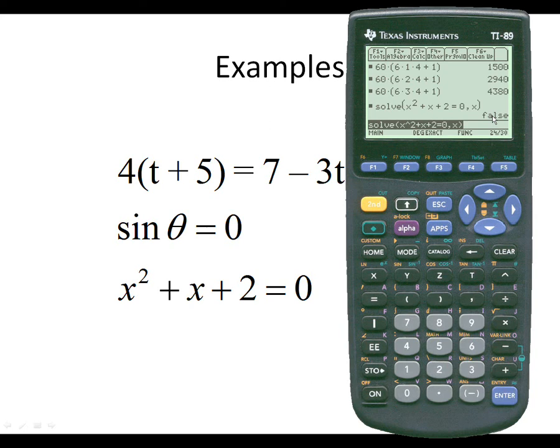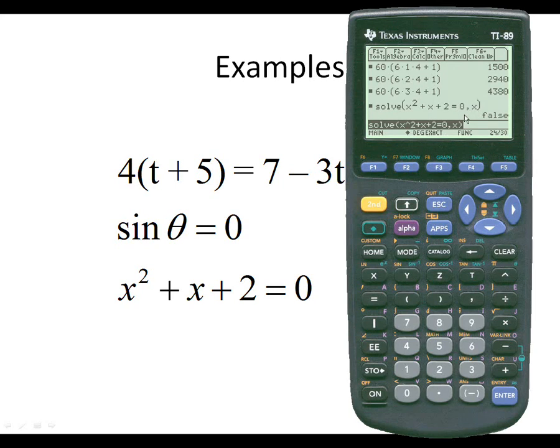And what we get is false. That means that x squared plus x plus 2 never equals 0. Instead of saying that, it just says false. So in other words, there's literally no real number that is going to give you an answer here.